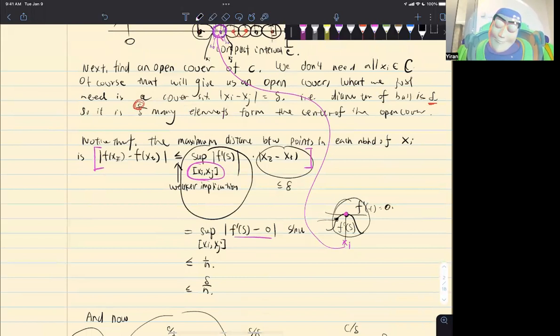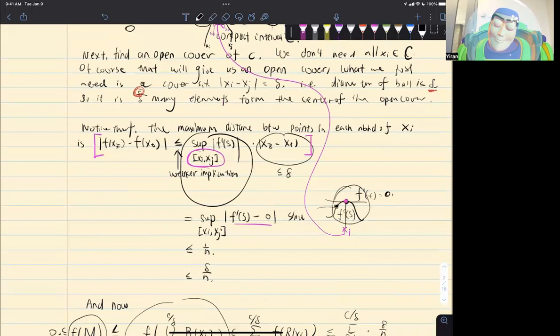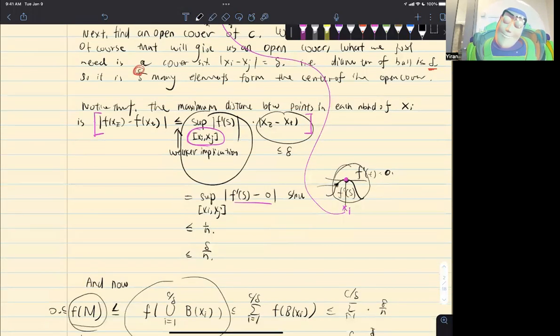And because of that, we know that for any point in this interval, if you compare the difference f prime t minus f prime s, where s is any point on this interval xi minus delta, xi plus delta, then the difference is going to be smaller than 1 over n.